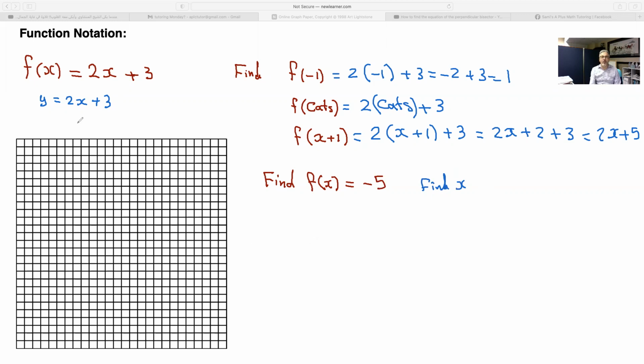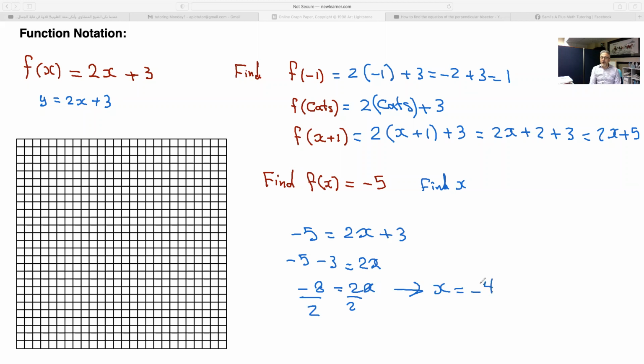So therefore, you go to this equation here, y is -5, so you sub in -5 for y in y equals 2x plus 3. Now you solve for x, so I just move the 3 to the other side. And when you move things to the other side, here it's plus, it becomes -3. -5 minus 3 is -8 equals 2x. Divide both sides by 2, x equals -4.